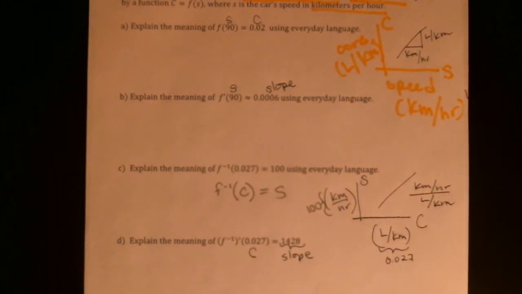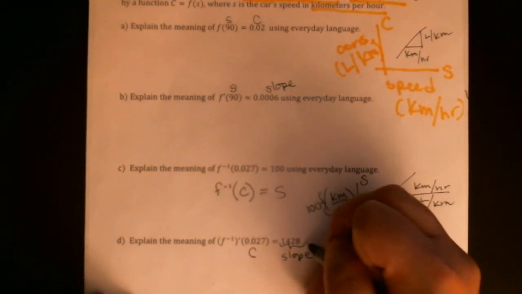So let me see if I can think about this one. If the fuel consumption is 0.027 liters per kilometer, in order to get the fuel consumption to increase by 1 liter per kilometer, notice that's a huge increase, your speed would have to increase by 1,428 kilometers per hour.